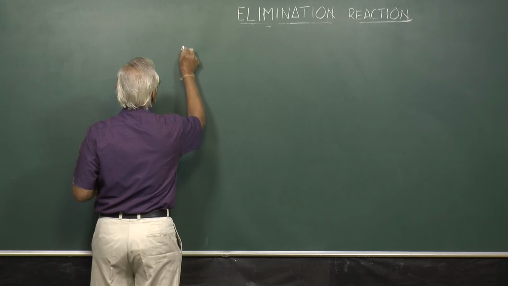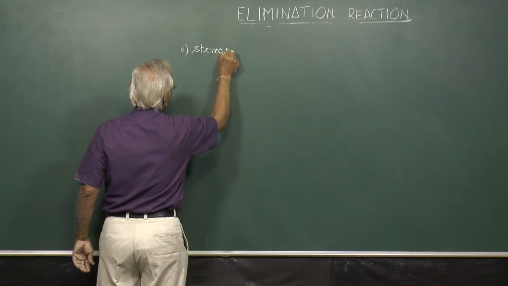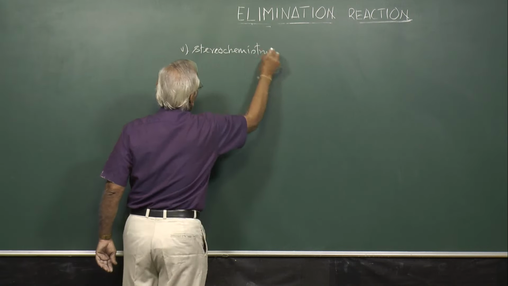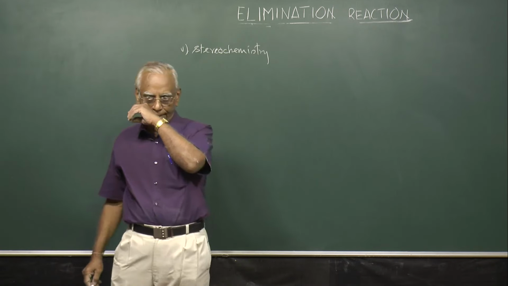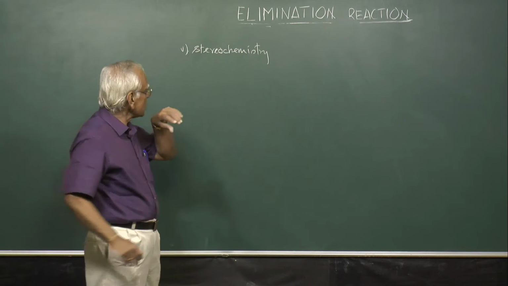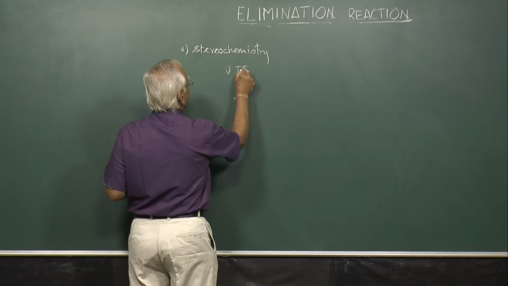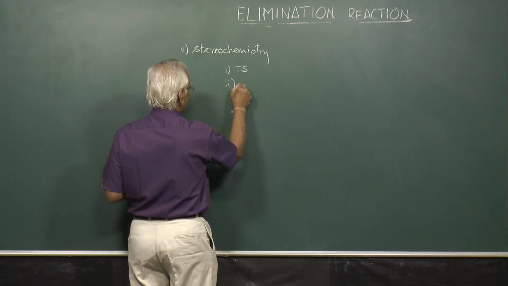Stereochemistry of the reaction. In this, we are going to look at the stereochemistry of the transition state, the structure of the transition state, and once again the structure of the product.